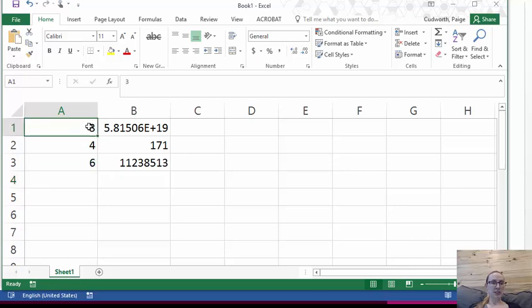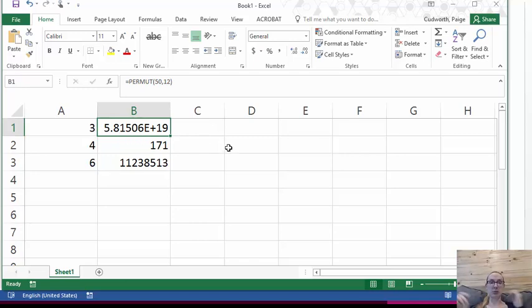All right, so I computed these in Excel. Number 3, this is the permutation 50, 12. You'll notice that this result is showing in scientific notation, 5.8 and then e plus 19, that means times 10 to the 19th power. Really what that means is that the decimal point next to that 5 needs to go to the right 19 places.